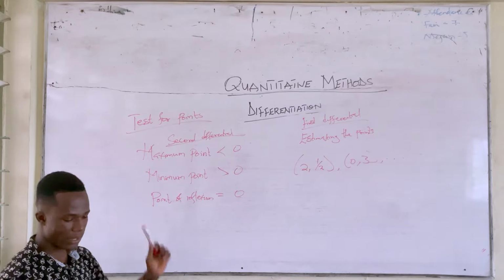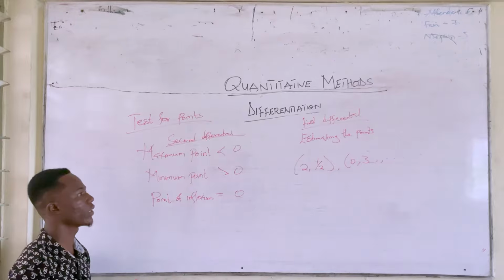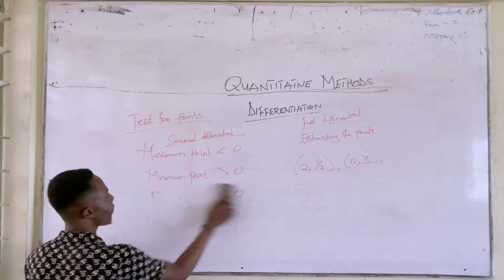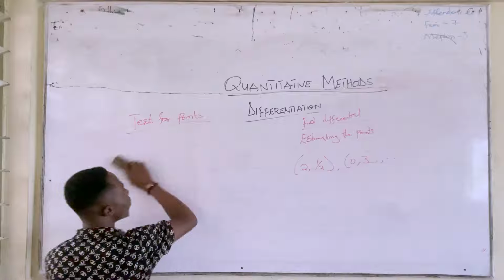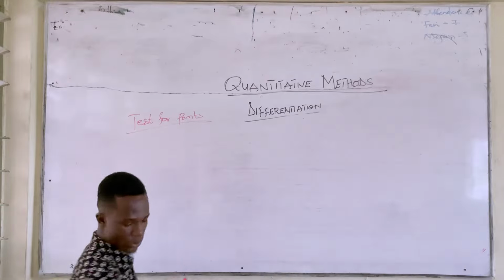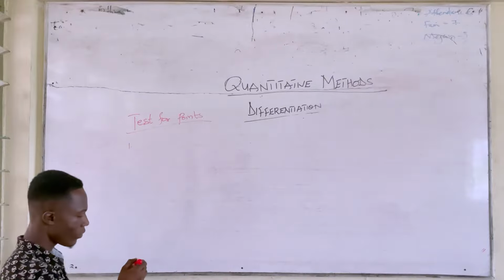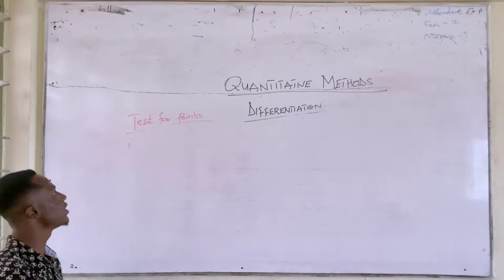Okay, we have something we call stationary point. So let me give you the steps. We take a question and we run through. Whenever you want to test for a point, we have a few steps that you must go through. One, you have to first differentiate.